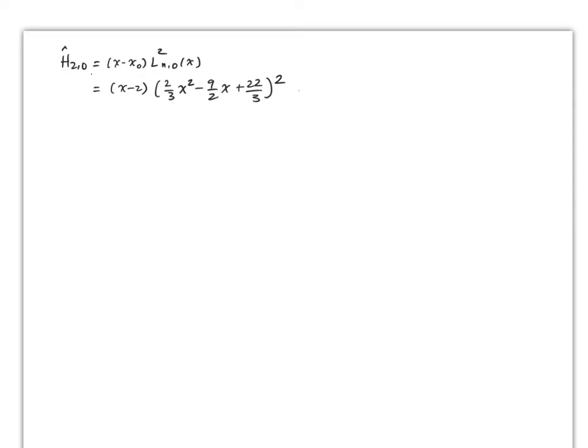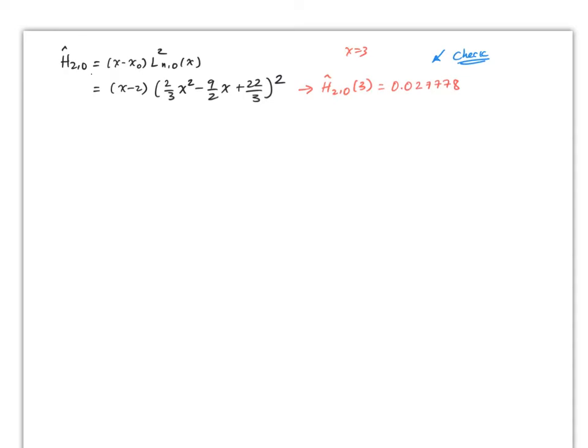Therefore, if we evaluate this polynomial at x equals 3, this will give you 0.02777. Again, just check all of these values. Stop the video if needed and check that you get that.